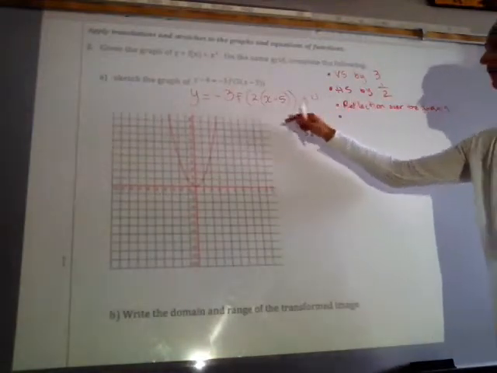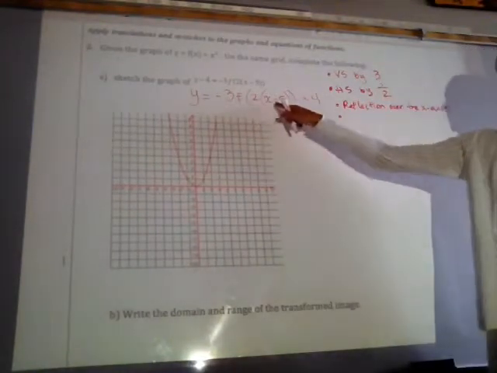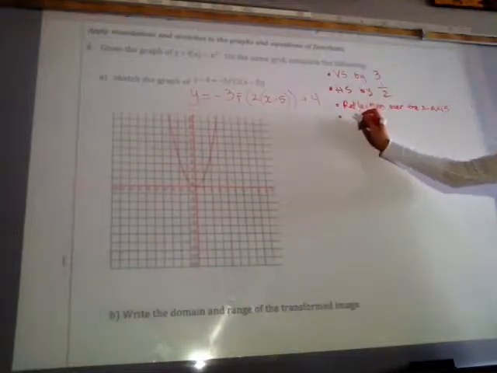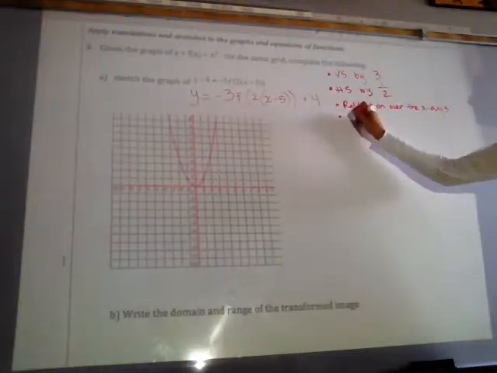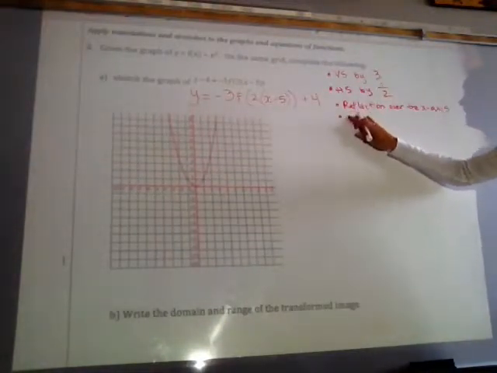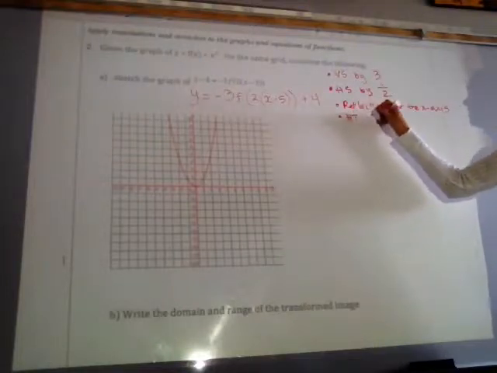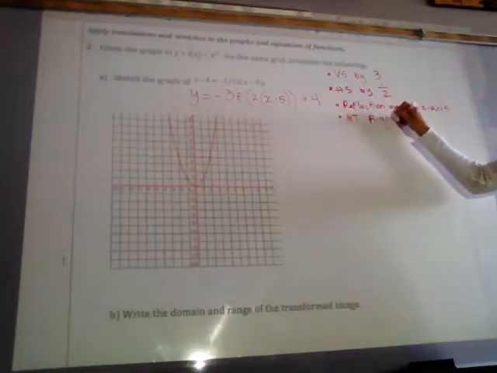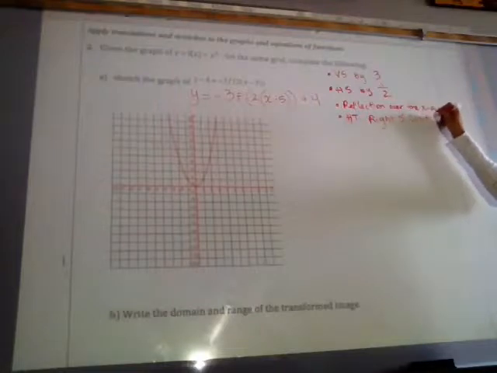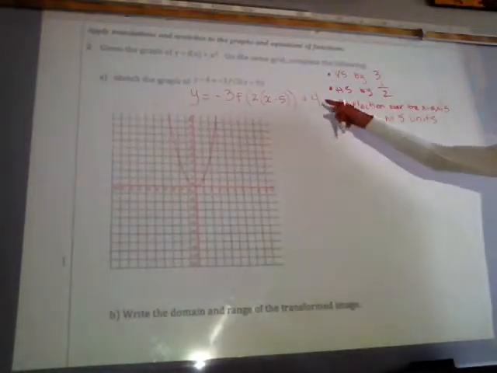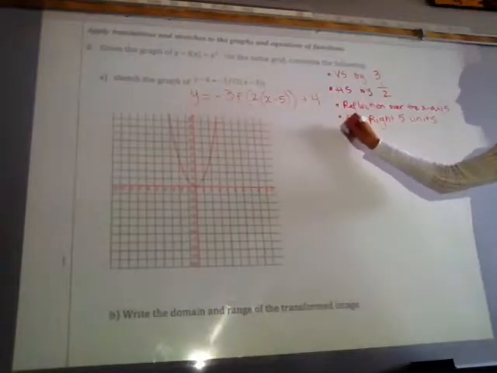Always take the reciprocal for your b value. So we've dealt with our A, our B, let's move on to our C. Okay, our C is actually equal to a positive 5, so we're moving right. That's a horizontal translation, right, 5 units. And lastly, vertical translation up 4.